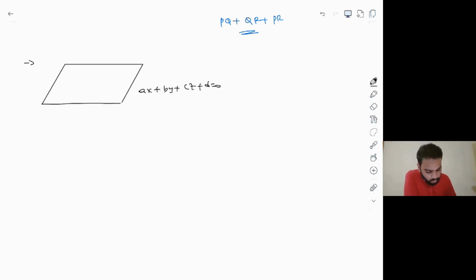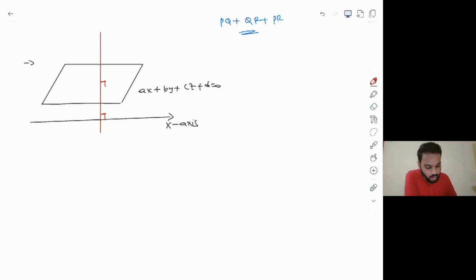Now, if this plane is parallel to the x-axis, you need to imagine that the plane here is clearly parallel to the x-axis. The point I'm trying to say is, if you take the normal to this plane, something like this, this normal will also be perpendicular to the x-axis, right?